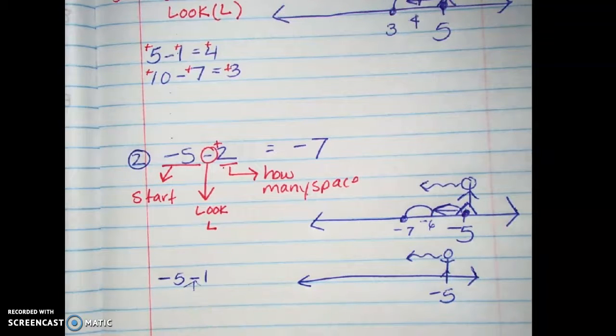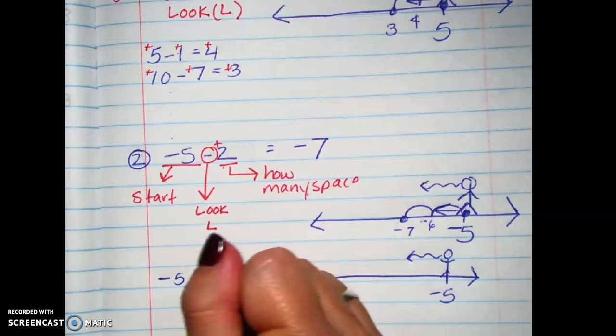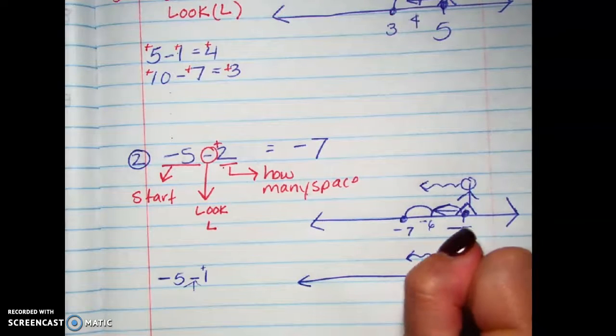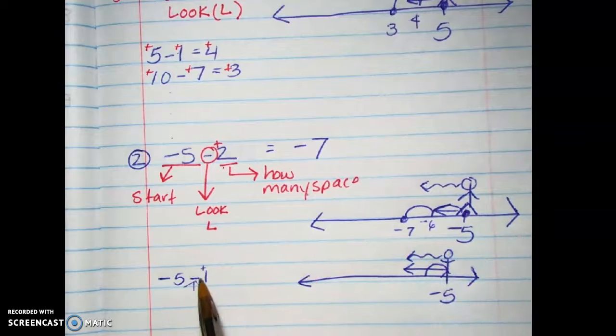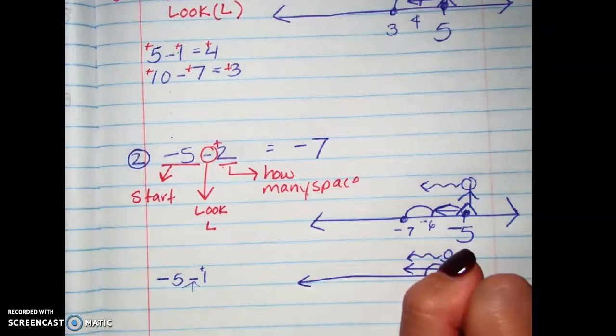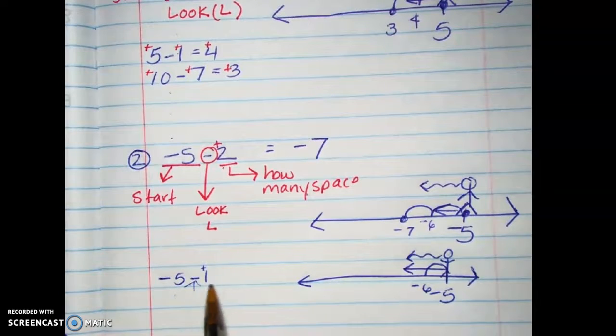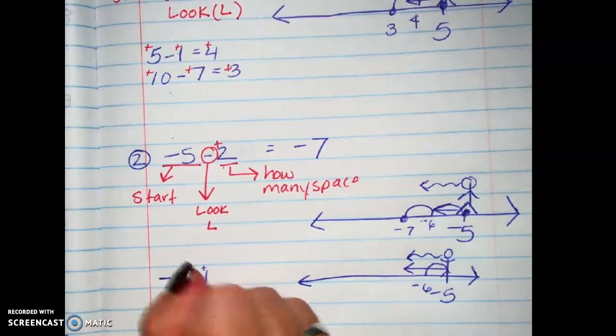That tells me which way I look. How many spaces? Oh, this is a positive one. So I have to go one space forward. That's which way I walk because positive tells me to walk forward. And I end up at a -6. So -5 minus 1 is -6.